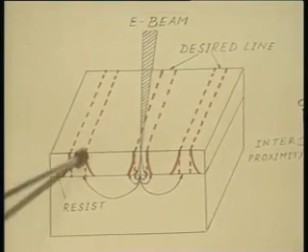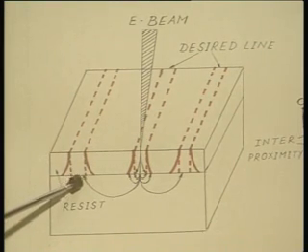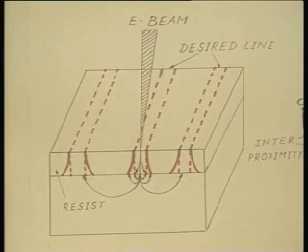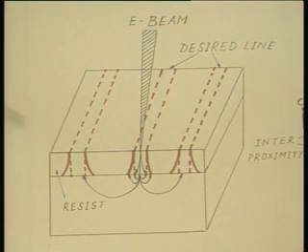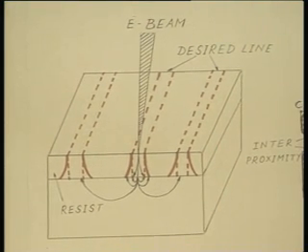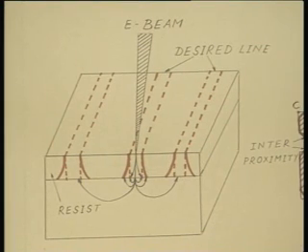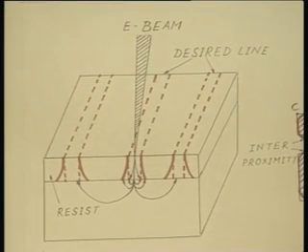See, the red dashed line signifies the actual pattern that was desired to be obtained, and these curved lines show the real pattern that we are going to obtain on the semiconductor substrate. This is called proximity effect. Proximity basically means being nearby.